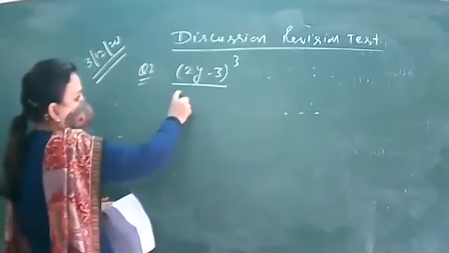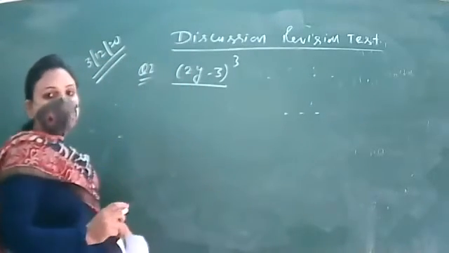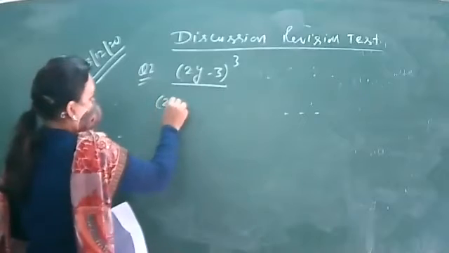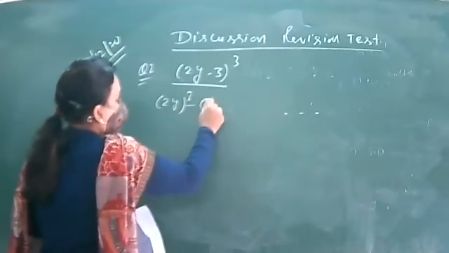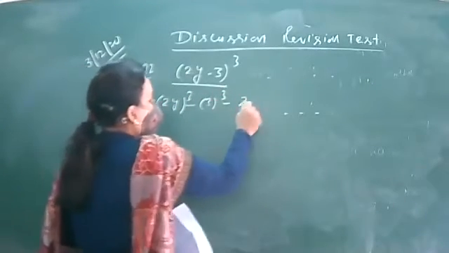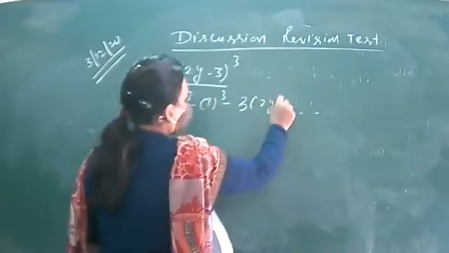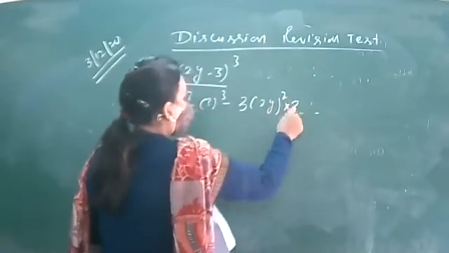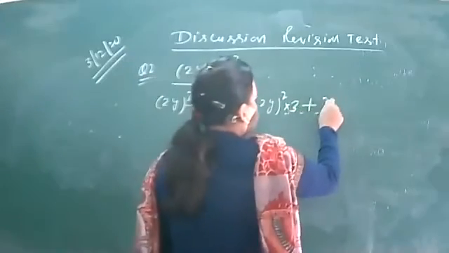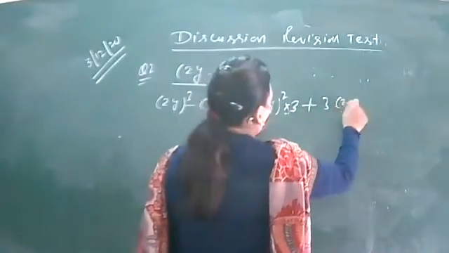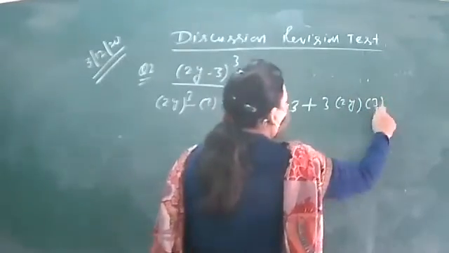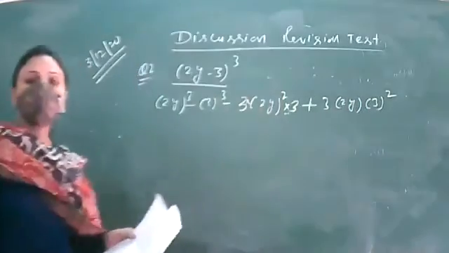So let us use the formula a minus b whole cube. That is a cube minus b cube minus 3 a square b plus 3 ab square, right?